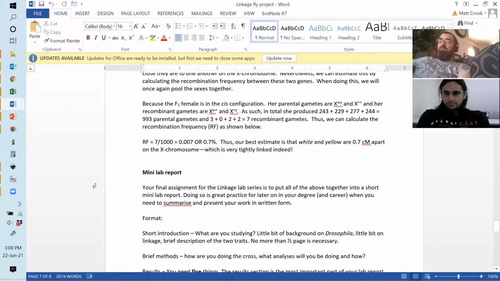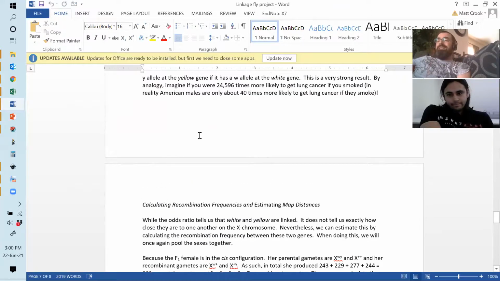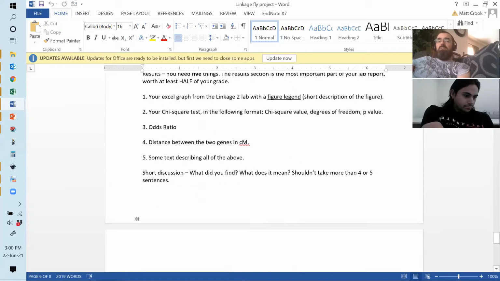And then your other assignment from these 3 labs, again, today is really just an intro overview type deal, is a 2 to 3 page mini lab report. You'll be using the same graph that you supplied for your first assignment, and you'll be including all these other analyses. A bit of an introduction, a bit of methods, a bit of discussion, all laid out here.